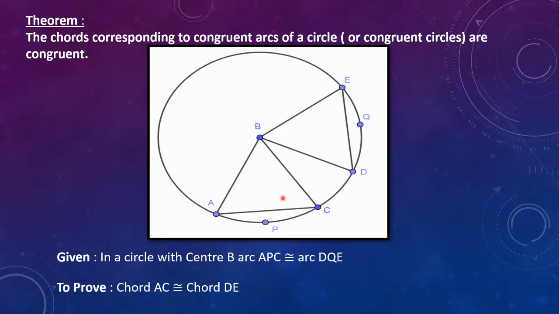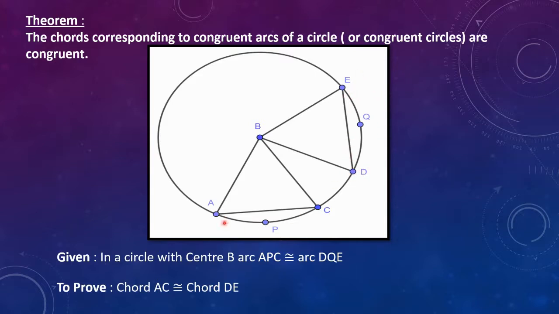It is given that if arc APC is congruent to arc DQE, then their corresponding chords, that is, the chord corresponding to arc APC is AC, and the chord corresponding to arc DQE is DE.